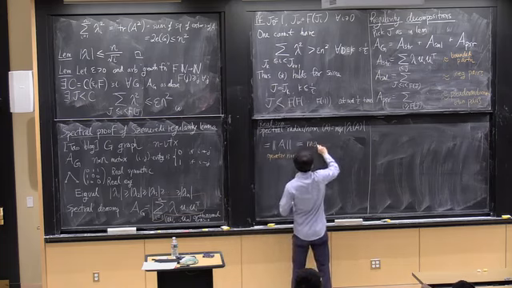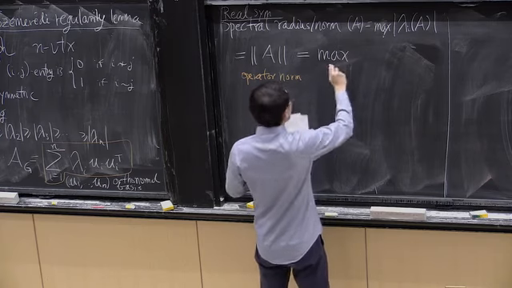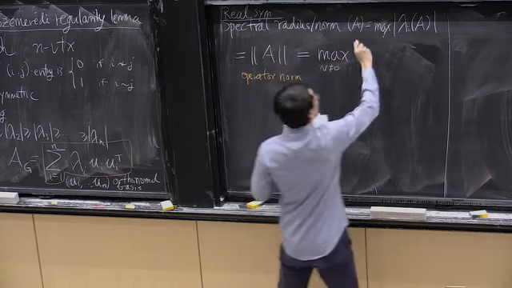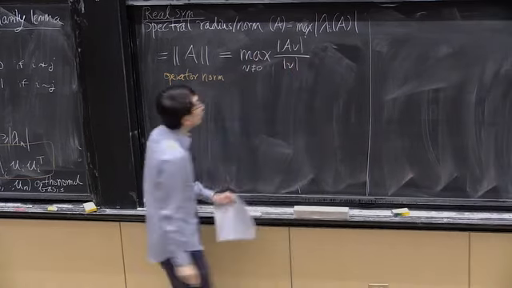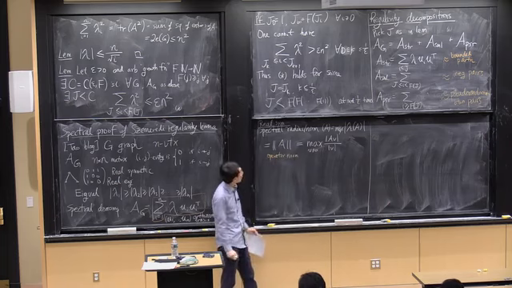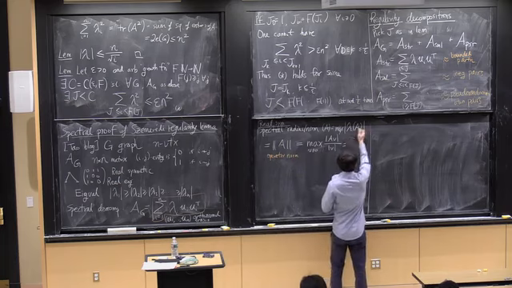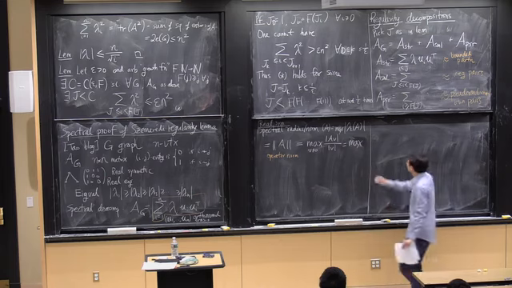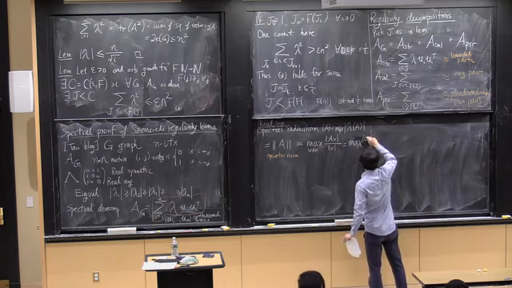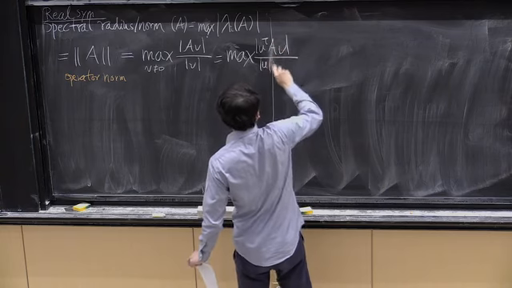Namely, it is the max, or the sup, but it turns out to be a max, of the length of Av divided by the length of v. So if you hit it with a unit vector, how far can you go? Right, so it's also equal to this bilinear form.